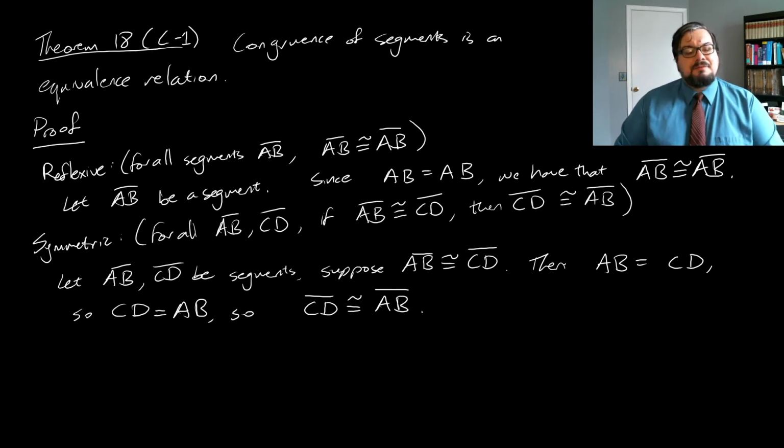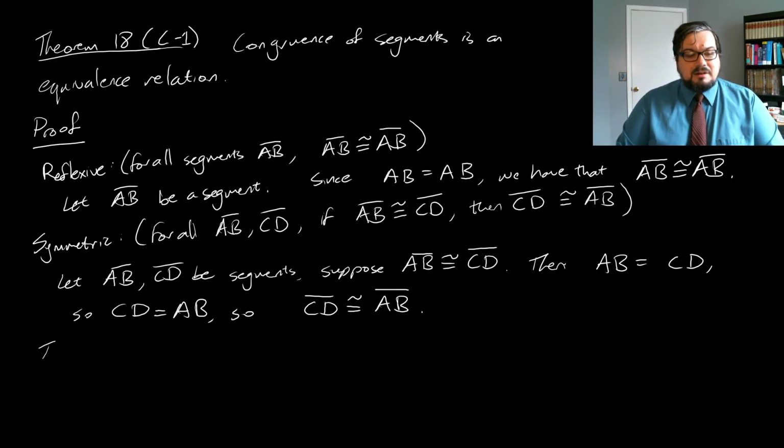You'll notice that for both reflexivity and symmetry, really we've just used the fact that the relation of equality is reflexive or symmetric, and then gone back up to the level of segments that way. That is pretty typical when you're defining a relation in terms of another relation that you already know is an equivalence relation.